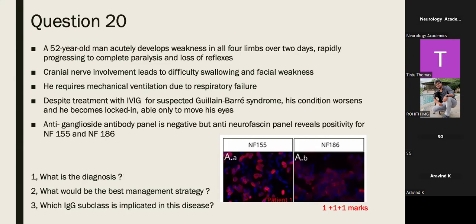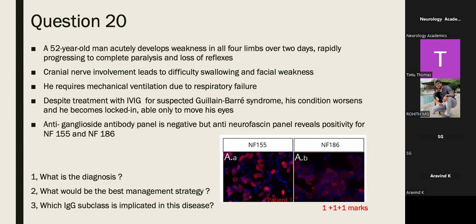Question 20. Here we have a 52-year-old man who acutely develops weakness in all 4 limbs over 2 days, rapidly progressing to complete paralysis and loss of reflexes. Cranial nerve involvement leads to difficulty in swallowing and facial weakness. He requires mechanical ventilation due to respiratory failure. Despite treatment with IVIG for suspected GBS, his condition worsens and he becomes locked in, able only to move his eyes.